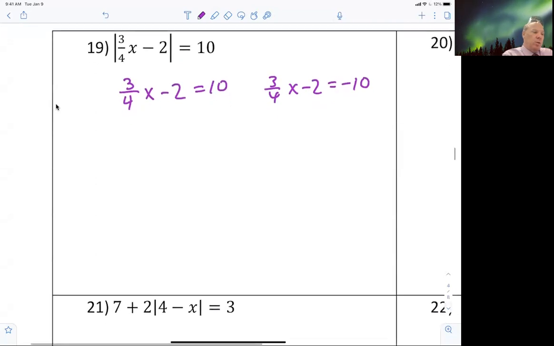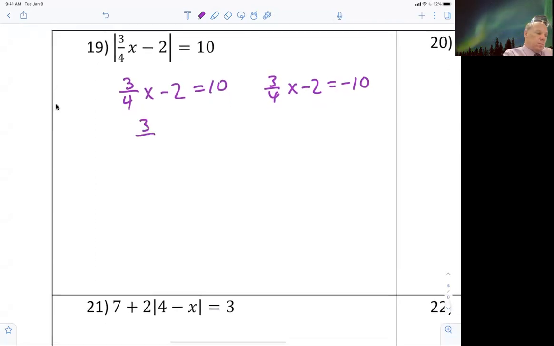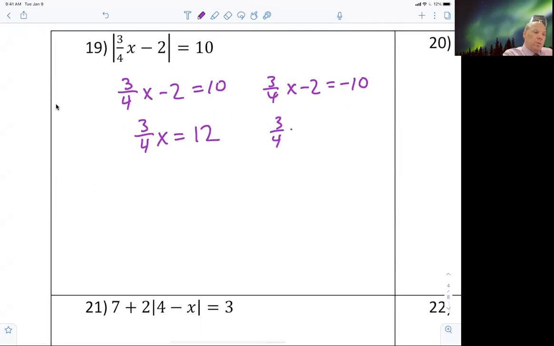All right, now what do I do? And then you do plus 2. Right? So it would be 3/4x equals 12. Good. And on the other side, you would do plus 2, right?